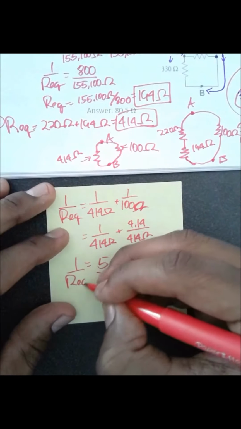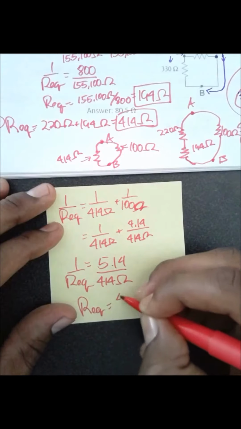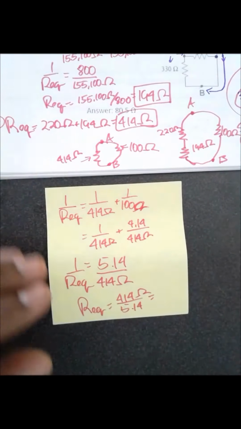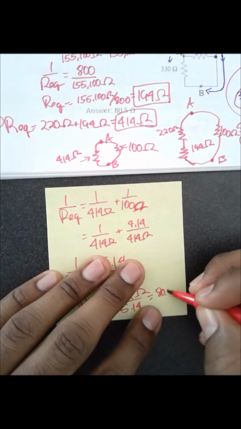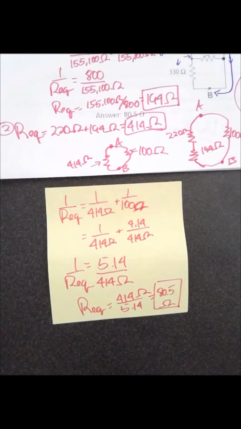That's 1 over REQ. So then REQ is just equal to 414 ohms divided by 5.14. When you divide those two numbers together, you should get something close to 80.5 ohms, which is in fact the answer that we have here.